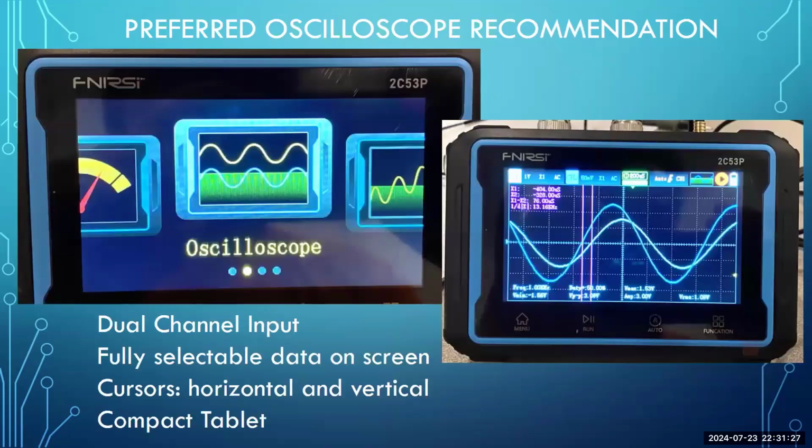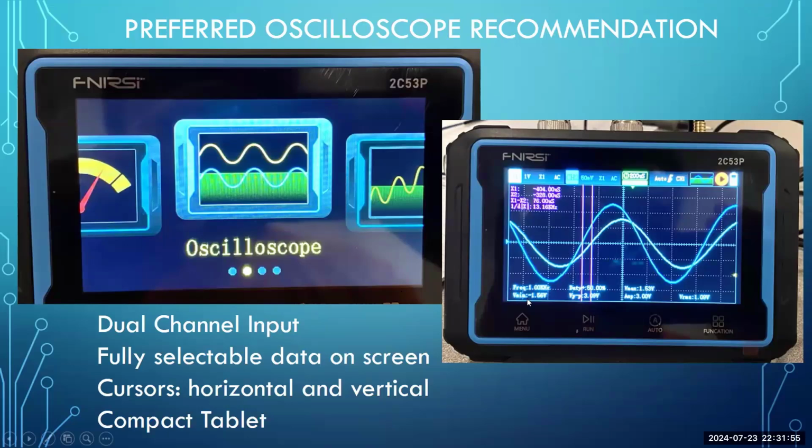And the preferred recommendation has these functions. On the screen, you have an O-scope function. If you touch the O-scope icon on this screen, it'll show you an O-scope display. It's dual channel. I've got two BNC connectors, one for channel A, one for channel B, so two channel input.